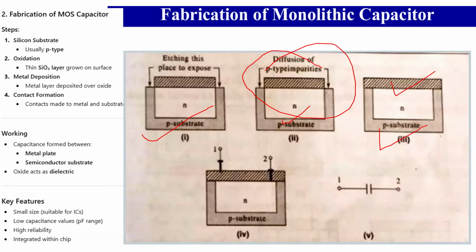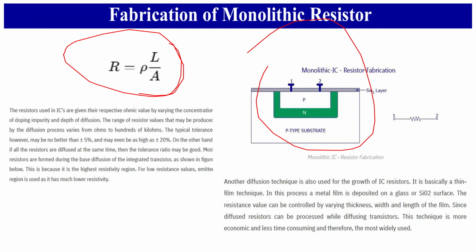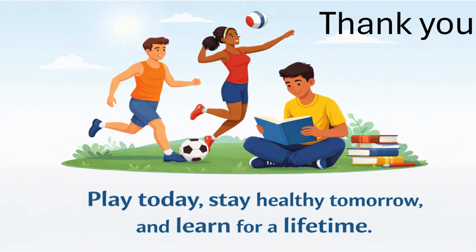This is the SiO2 layer only, and if you provide the contact here, it becomes almost two plates, which makes one capacitor. Resistance is equal to rho L by A, so that is how you can develop the monolithic resistance, right? Okay, that's all in this session.